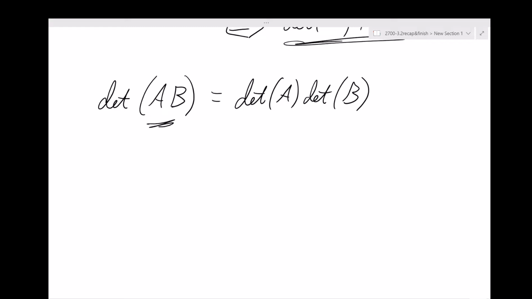The way matrix multiplication works is that if I have, say, some matrices A and B and I'm multiplying them, first off, if either is not invertible, that would imply that the product is not invertible. So the only way the determinant of the product would equal 0 is if one of these equals 0.